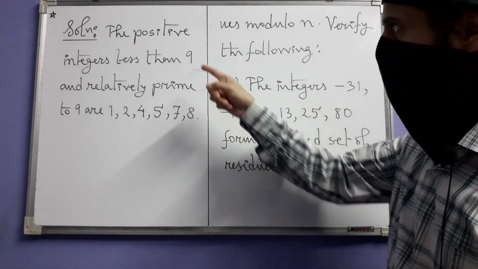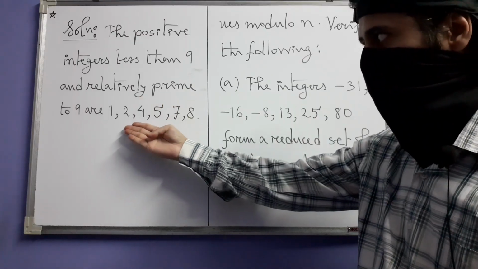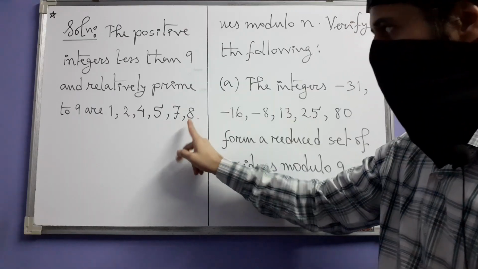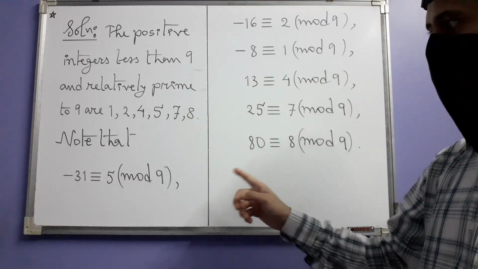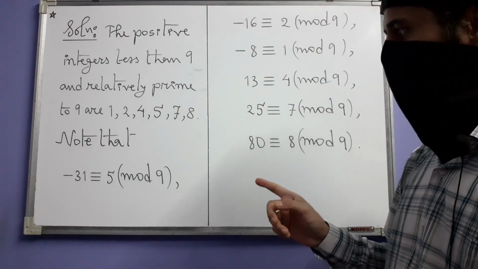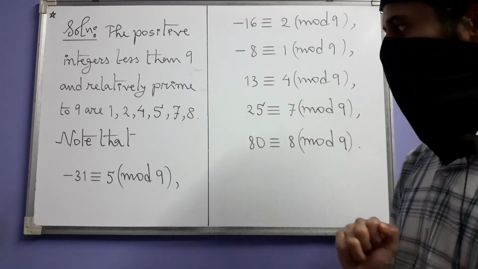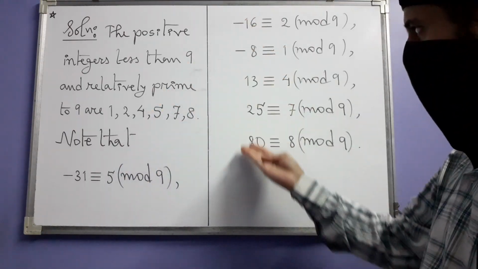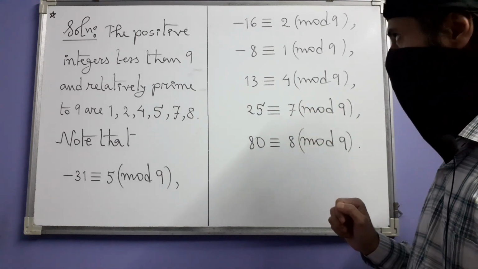We note this. The positive integers less than 9 which are also relatively prime to 9 are these, which you already know: 1, 2, 4, 5, 7 and 8. And now you note these congruences. You take each of the given numbers in the list and see to what number it is congruent modulo 9. You reduce each one of them modulo 9.